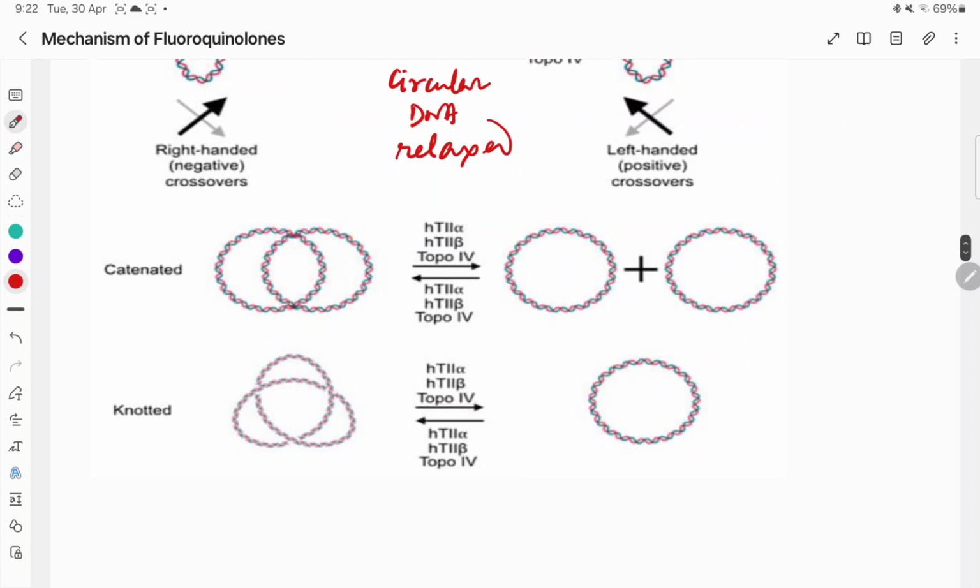During replication, the two circular DNAs are interlinked, catenated, and to separate these two we need topoisomerase 4. Even if it is knotted, we need topoisomerase 4.